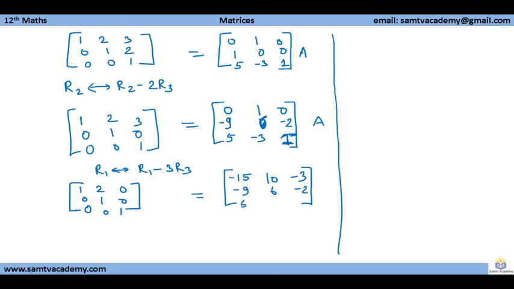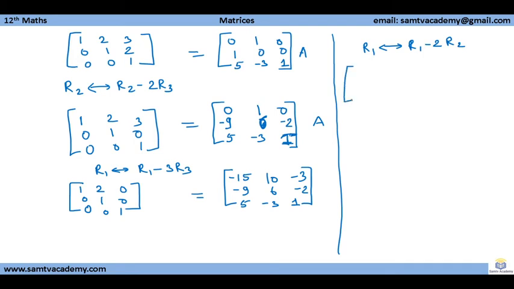First two, 5 minus 3 1, this is 1. Now the next operation: only one element is remaining, and we have to make it 0. So we can replace R1 with R1 minus 2 R2.